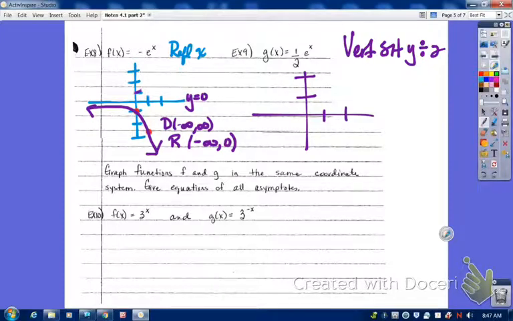So 0, 1 turns into 0, 1 half, and then what's half of 2.7? About 1.35, which is about 1.4. So instead of doing 1, 2.7, we'll do 1 and about 1.4. Kind of estimate there.